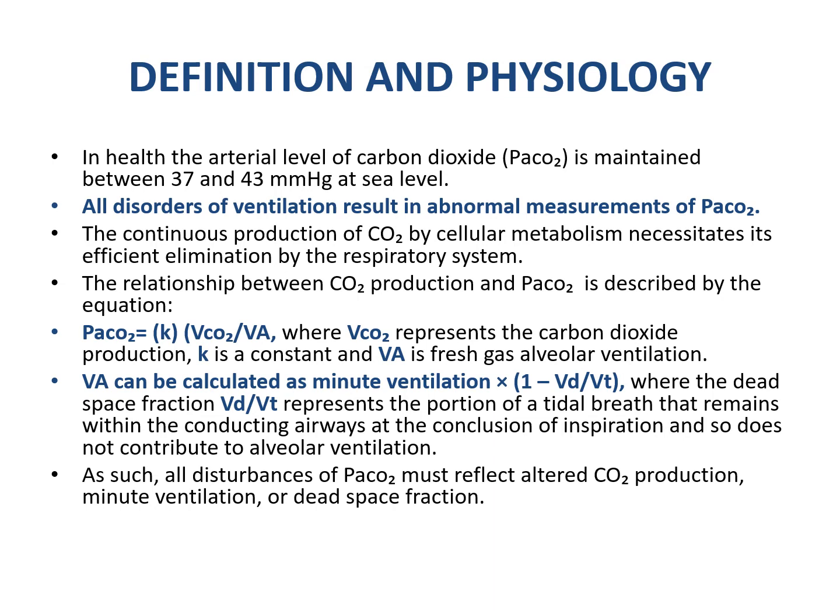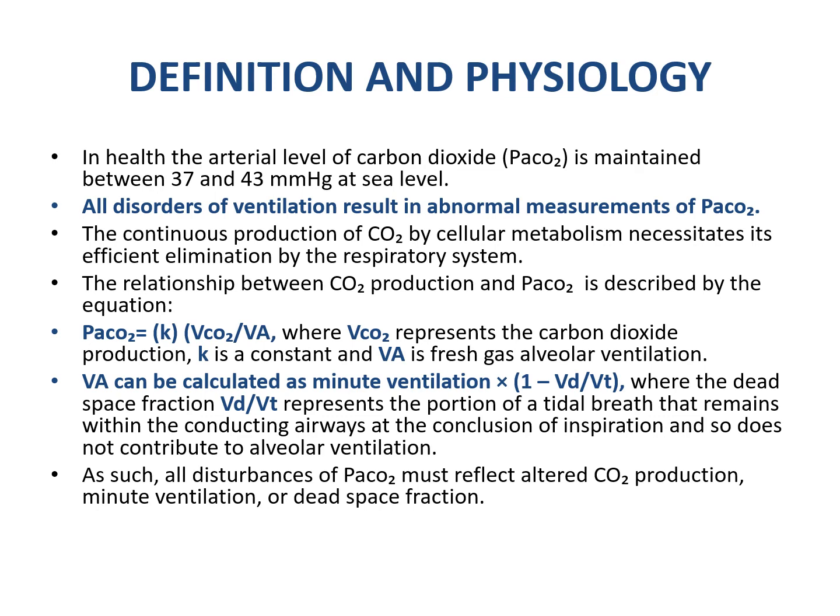In health, the arterial level of carbon dioxide is maintained between 37 and 43 millimeters of mercury at sea level. All disorders of ventilation result in abnormal measurements of partial pressure of CO2. The continuous production of CO2 by cellular metabolism necessitates its efficient elimination by the respiratory system.